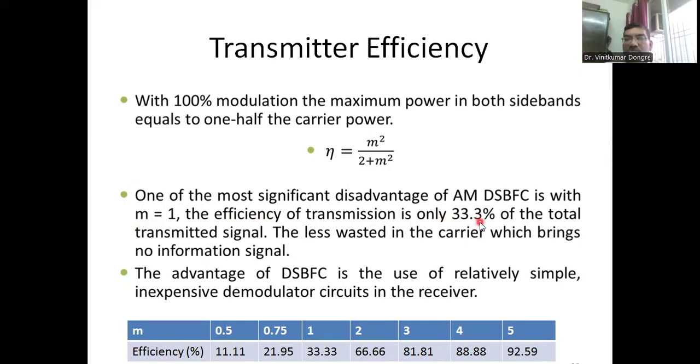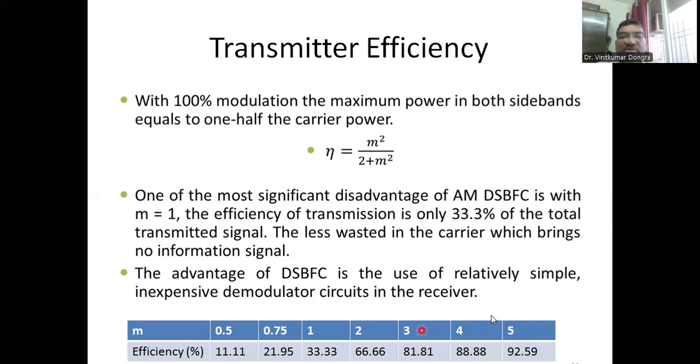It is very poor because the envelope is there, 2 sidebands are there, and the power content in the sidebands is the information. So that's why the efficiency of this amplitude modulation, double sideband full carrier, is less.